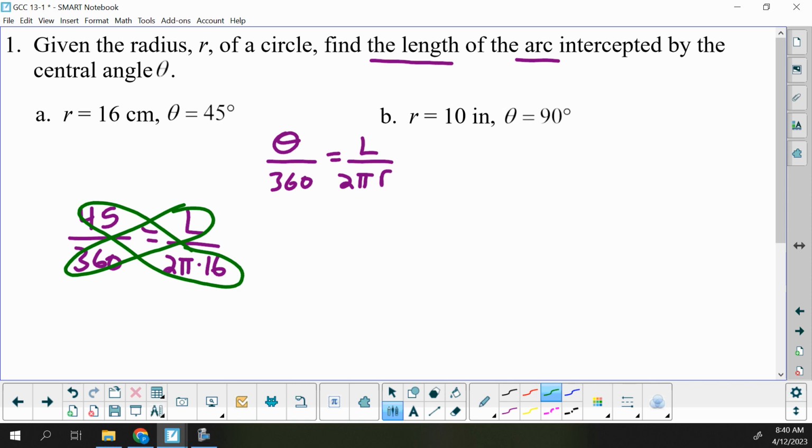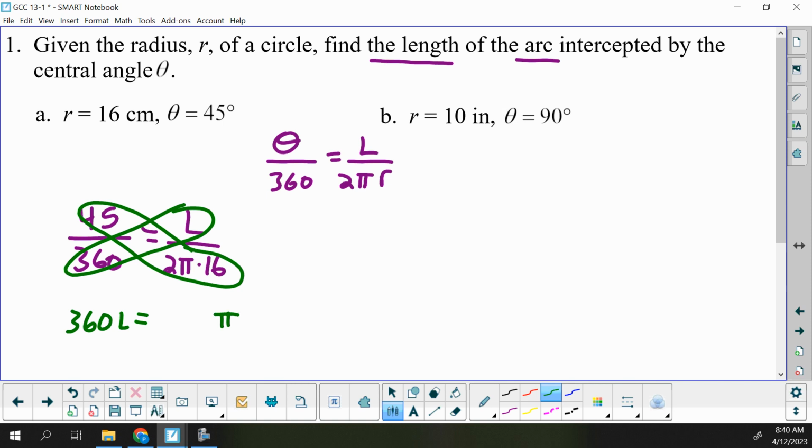So 360 times L will just give us 360L. And this is where our calculators are going to come into play. We're going to do 45 times 2 pi times 16. But notice it does not say we're rounding anywhere in the question. So kind of like when we did our volume and surface area units, if it didn't tell us to round, we're going to leave it in exact form. Meaning we're just going to tack the pi on the end.